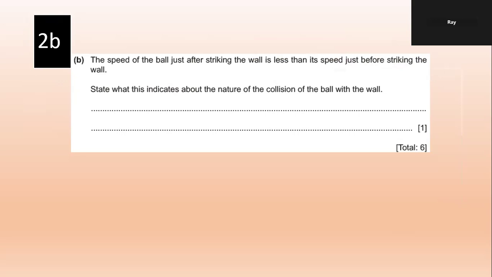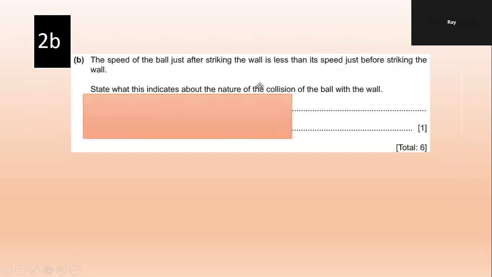Any comment? The type of collision, inelastic lor, because KE is lost. They just ask you to state only lah. Don't need to give reason, but if you give reason, nothing wrong with that. Collision is inelastic.